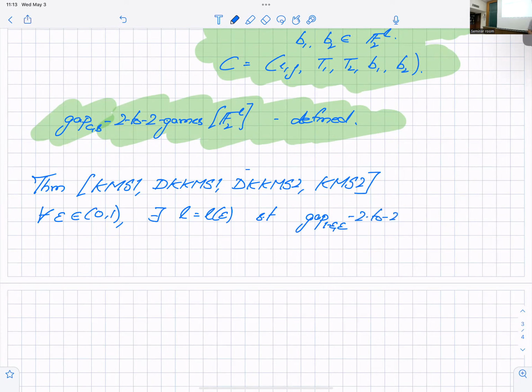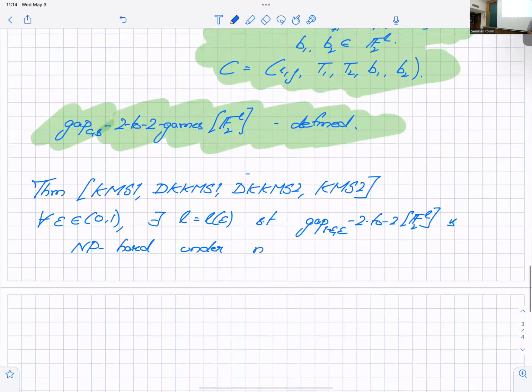over F2 to the L is NP-hard under reductions of order n to the poly 1 over epsilon time.